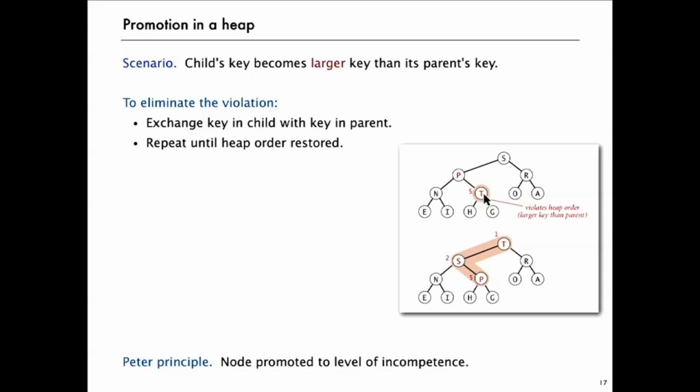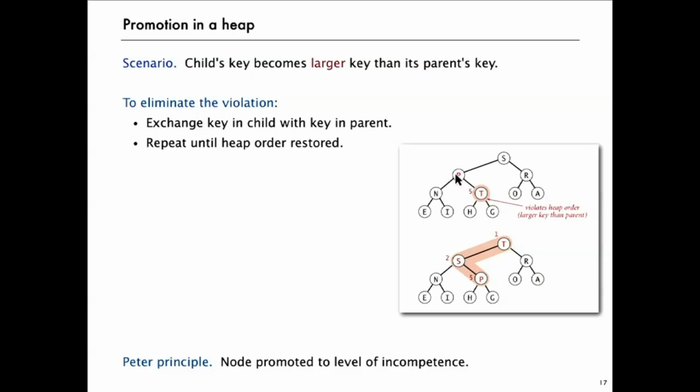Well, it's easy to fix this one. All we do is exchange the key in the child with the key in the parent. After that exchange, that would have T up here and P down here, then the heap order condition is satisfied at that node because the parent was smaller, so that one's smaller. And this other one is still smaller, so T, after it's exchanged up here, will be bigger than both its children.